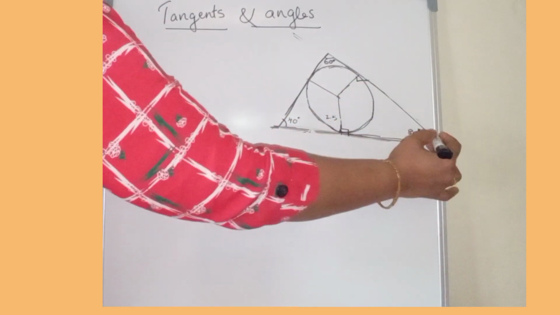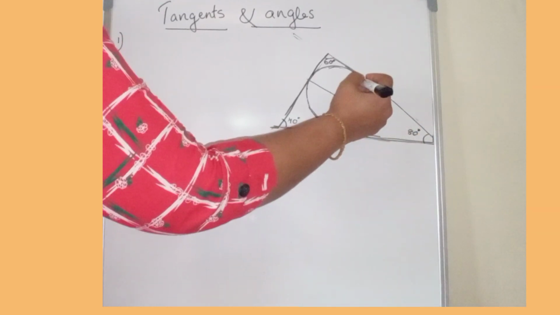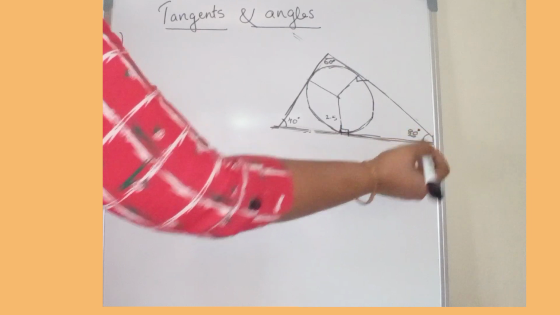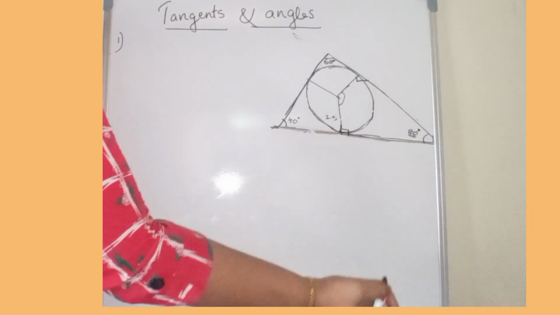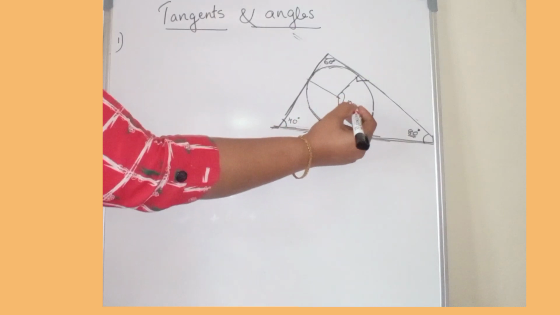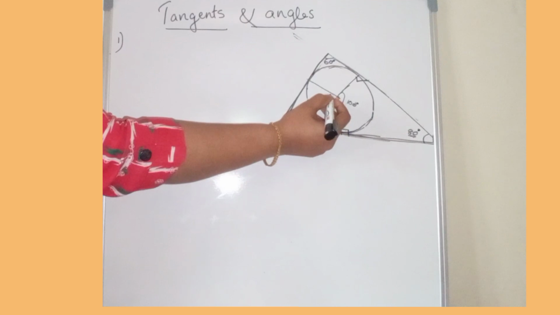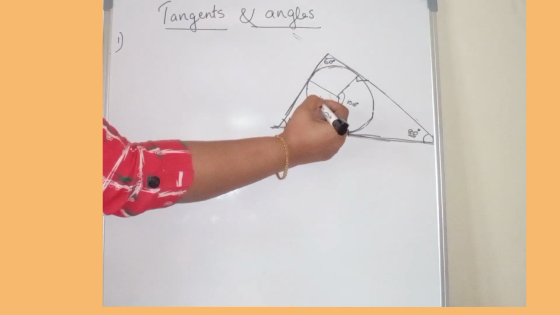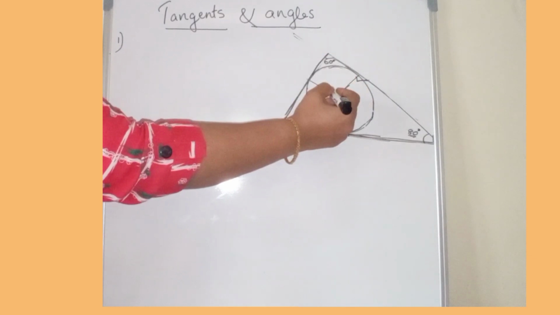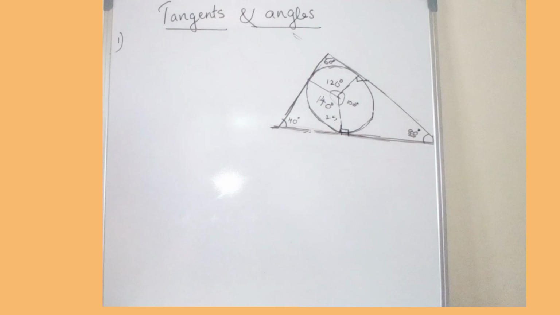If we consider this quadrilateral, that is a cyclic quadrilateral, and these two angles are 90 degrees each. This angle is equal to 80. Then what about this angle? This angle is equal to 180 minus 80, that is equal to 100. Similarly, if this angle is 40, that angle is equal to 140. And if this angle is 60, this angle is equal to 120 degrees.